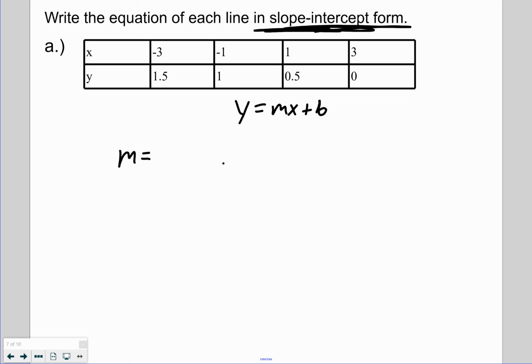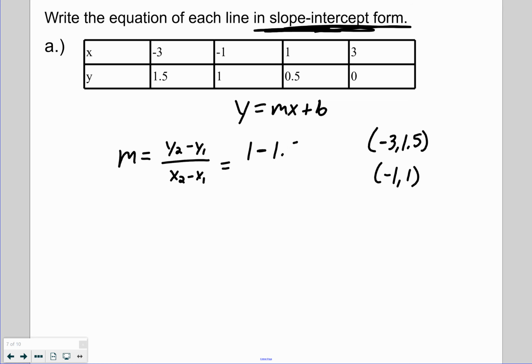What ordered pairs, Silali? -3, 1.5. Awesome. And? Excellent. I love it. So, for our slope, I'm going to write 1 minus 1.5 over -1 minus -3.